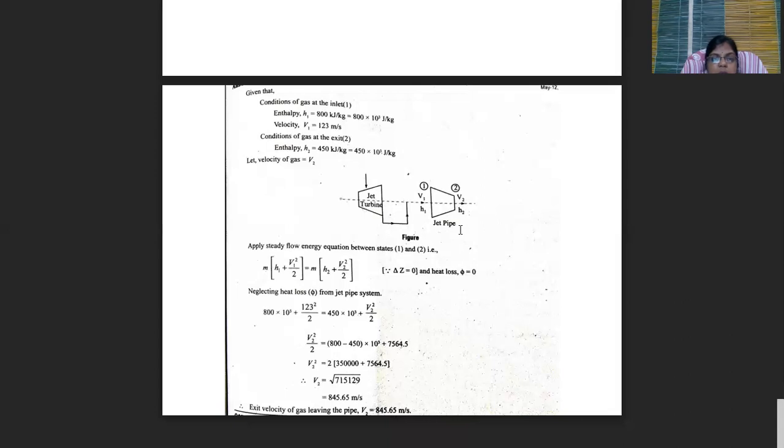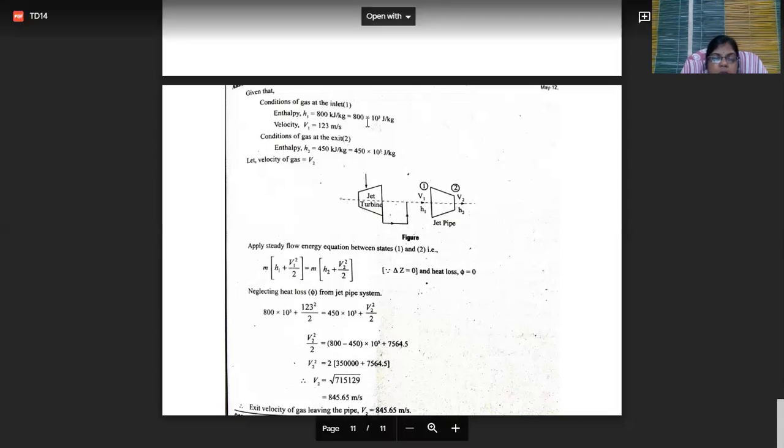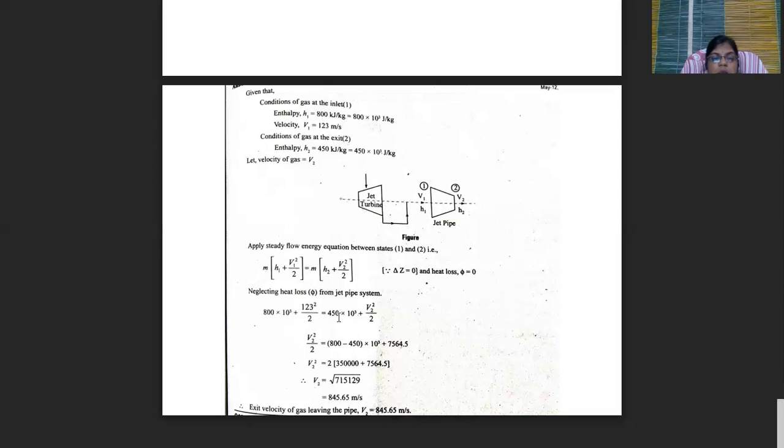Put all the values. What is h1? 800 into 10 cube plus, what is v1? 123 square by 2, is equal to h2. Here we have one doubt, ma'am. Before, in class, we divided kinetic energy by 1000 and potential energy by 1000.